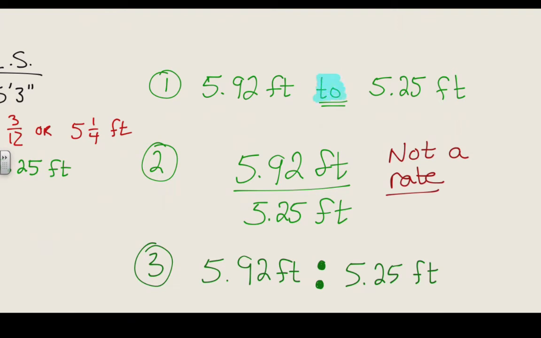We have the word to, we have the line separating the values, and we have the colon. These are the 3 ways to write a ratio. Where do we use ratios in real life? Of all of the ideas that I'm going to present to you, I will tell you this is one of the most applicable, which means that you'll see it the most.